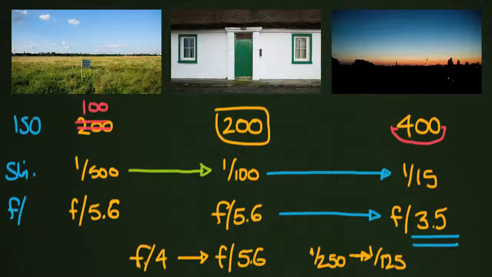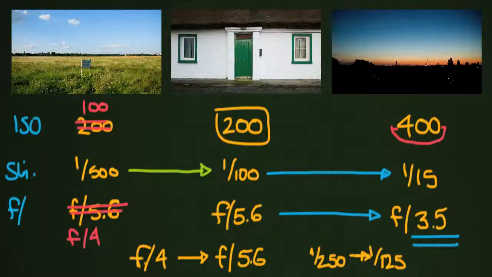If you were to move this down to 100, you would have to move the shutter speed up to 250th, because you have doubled the amount of time that you need to expose that image. Or, if you were not to double the amount of time, you would have to add more light, so you'd have to move this to f4.